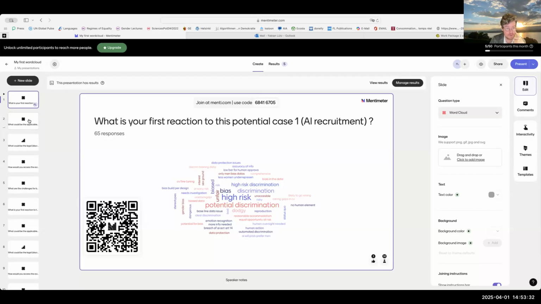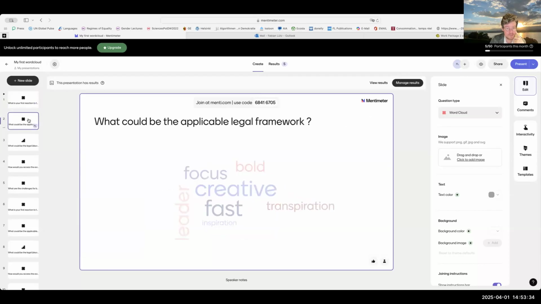So just so that you know how it will work, I will now go to the second slide, and you should all be able to join the second question. I hope that's the case, and you can answer the question: what could be the applicable legal framework? After your first impression of the case on AI recruitment, this is a bit more tricky one.